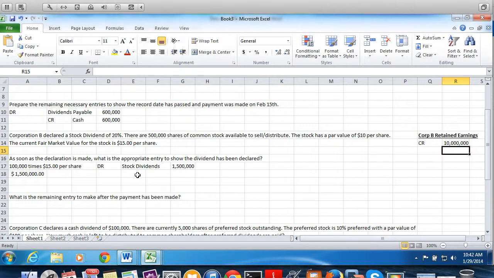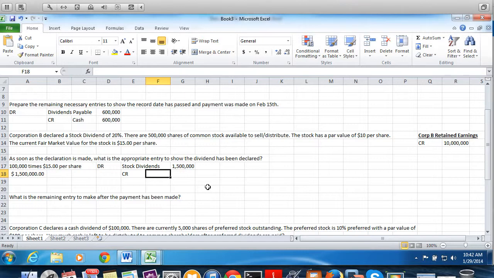And then I'm going to have, remember this, since the stock that I'm distributing is worth more than the par value of it, it's going to function a lot like selling stock in the marketplace at above par value. And remember, when we did that, we had one account that showed just the par value of the stock, and then we had another account that showed additional paid-in capital.